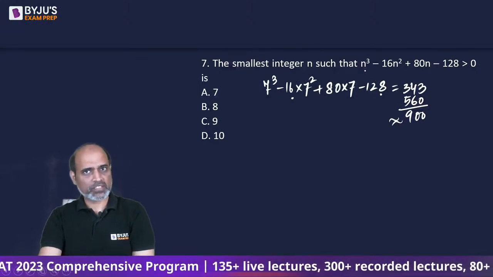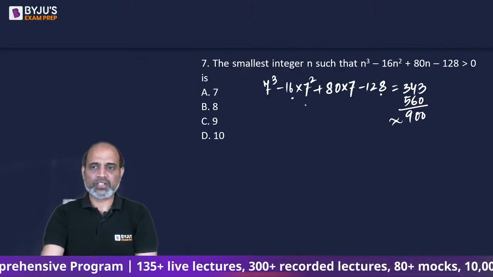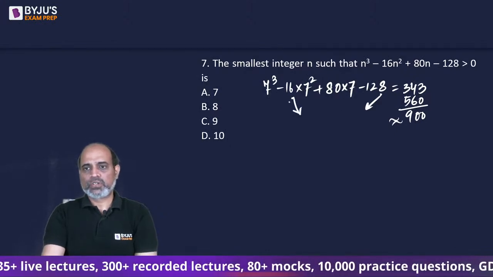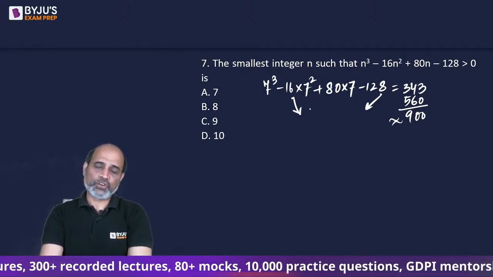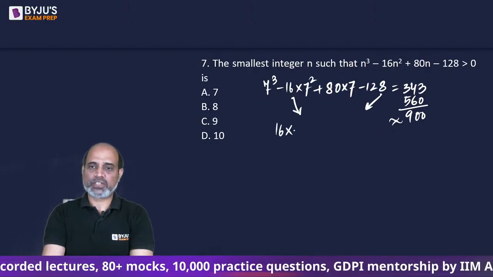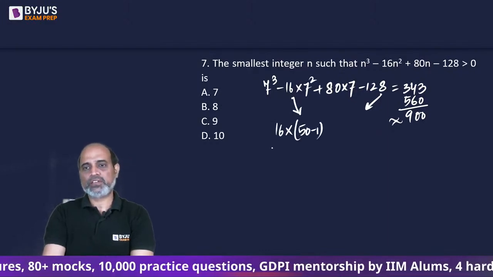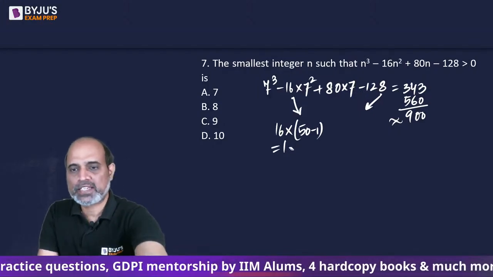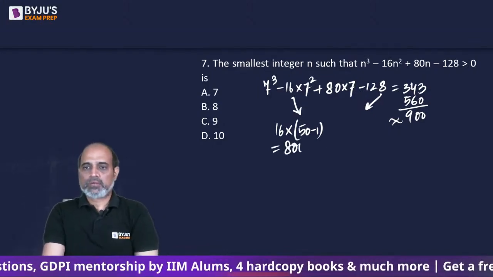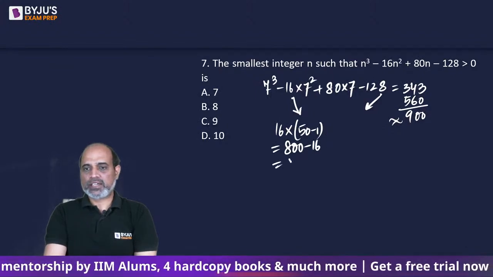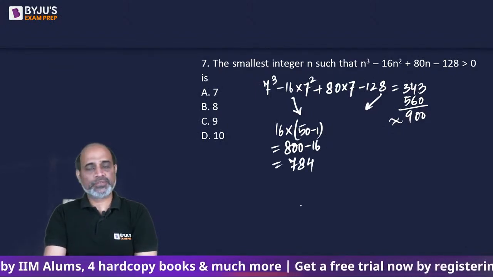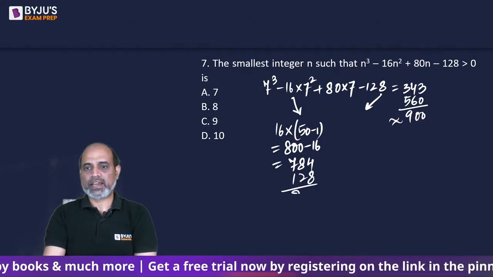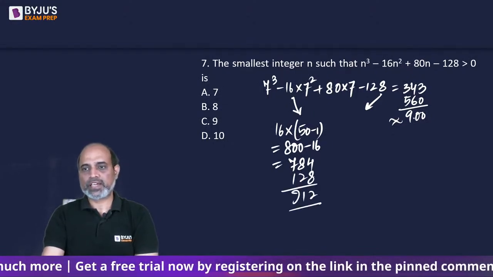Looks like it's very close. So let's calculate this. This is going to be 16 into 49, which is 16 into 50 minus 1, which will result in 16 into 50, which is 800, minus 16, that will result in 784, and then we will have another 128, so 912 is what you will get.